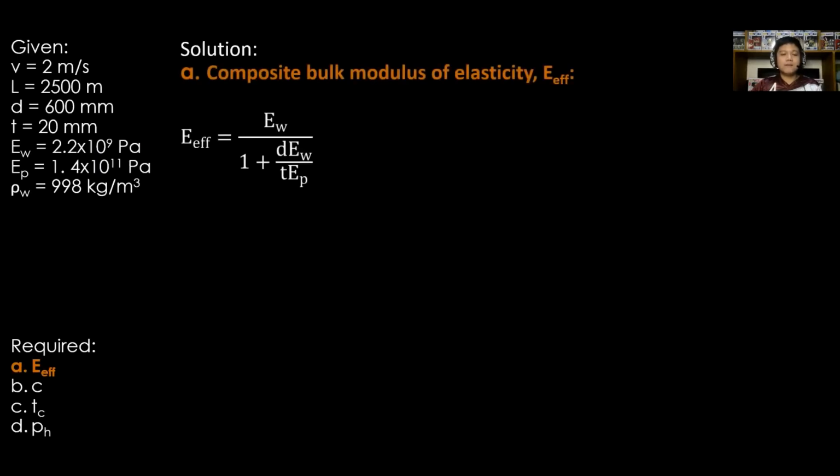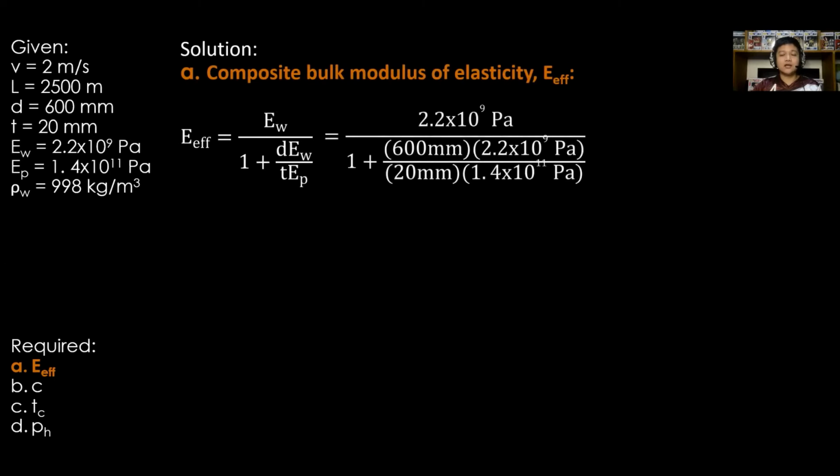For letter A, that is the composite bulk modulus of elasticity, again another term for the effective bulk modulus of elasticity. So E sub F is equal to E sub W, that is 2.2 times 10 raised to 9 pascals, over 1 plus D. We are not required to convert the diameter and thickness since the units will be disregarded.